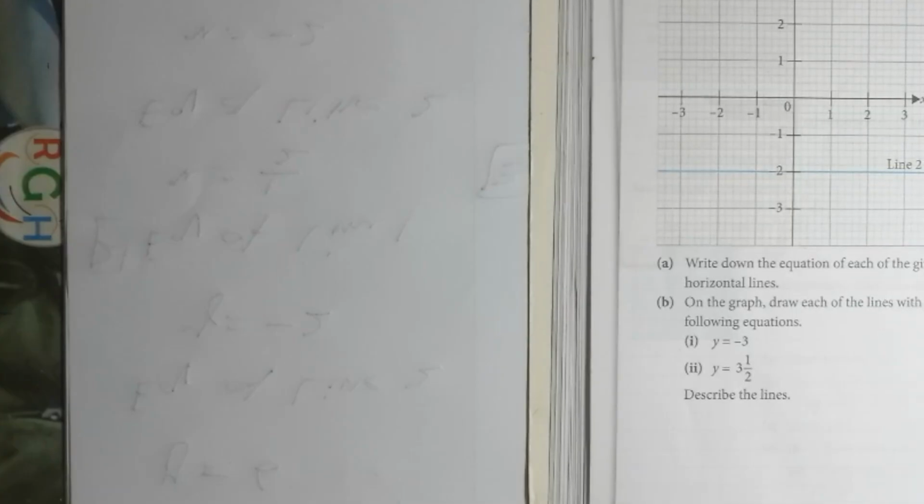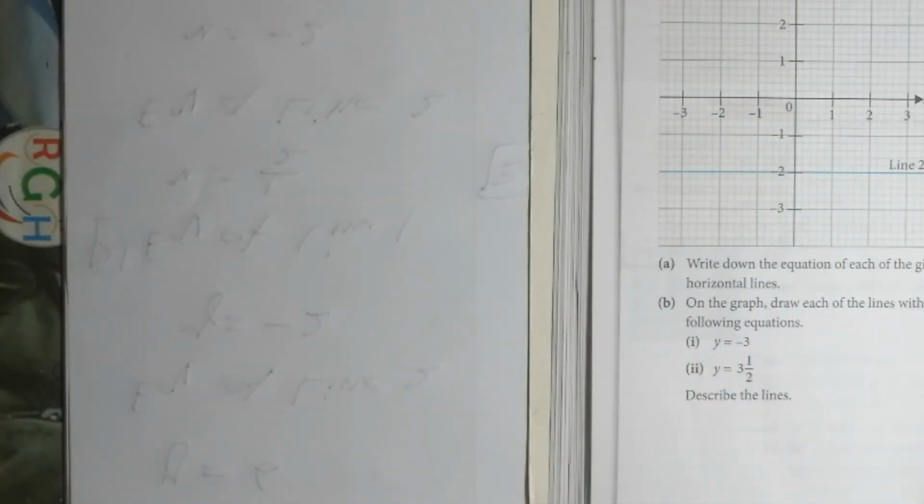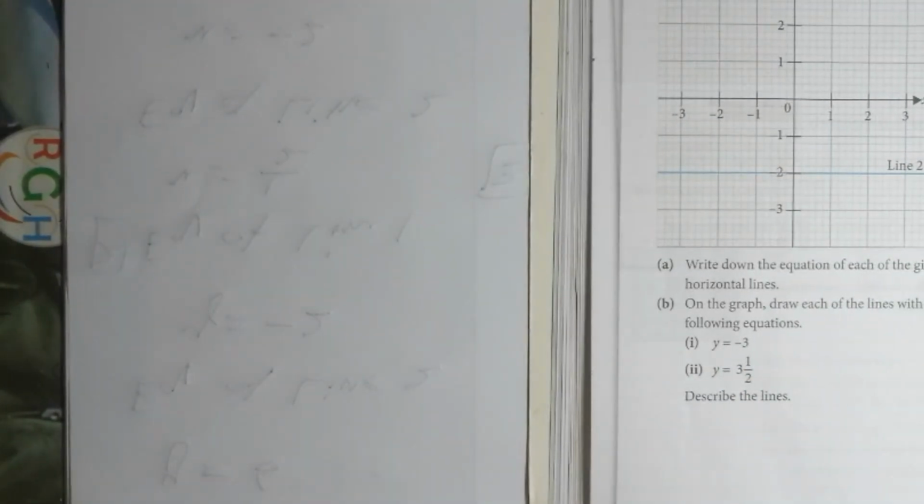Where you find both x and y, that line will be neither parallel to the y-axis nor parallel to the x-axis. This line will intersect the x-axis as well as the y-axis at some points.